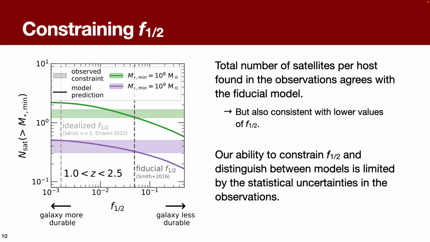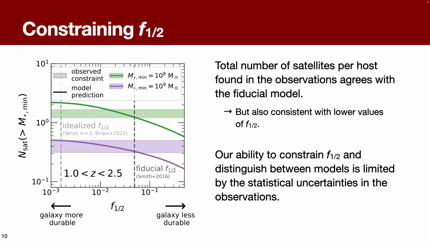And so I'm showing in the dark gray dashed line our fiducial value, which is coming from these hydro predictions. And I'm also showing in the light gray dashed line a value of F1 half predicted by this specific idealized model.